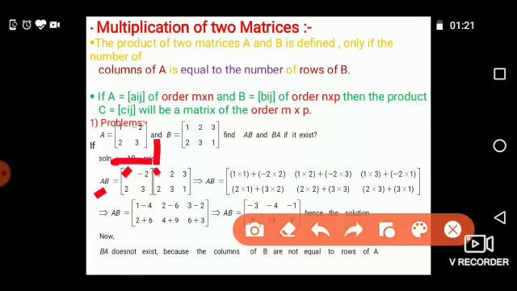Similarly, the same row with second column: 1 into 2 plus minus 2 into 3. Likewise, the same row with third column: 1 into 3 plus minus 2 into 1. Therefore, these are the first row, first column, second column, and third column elements.